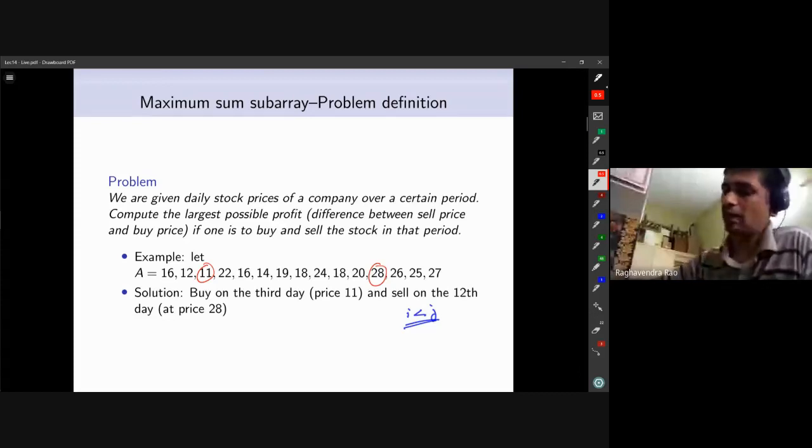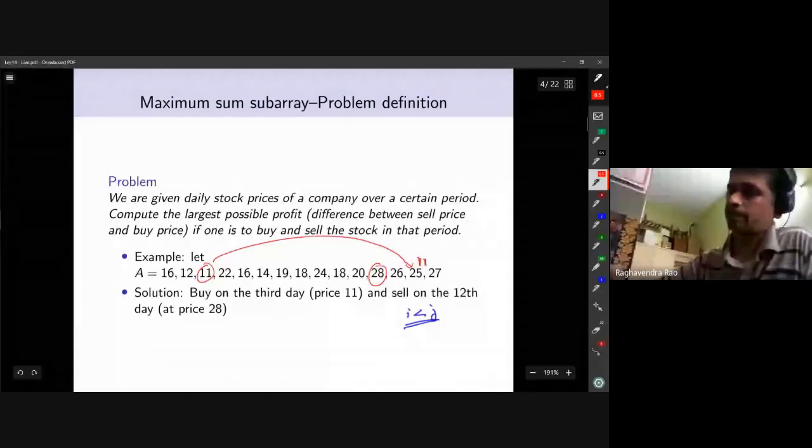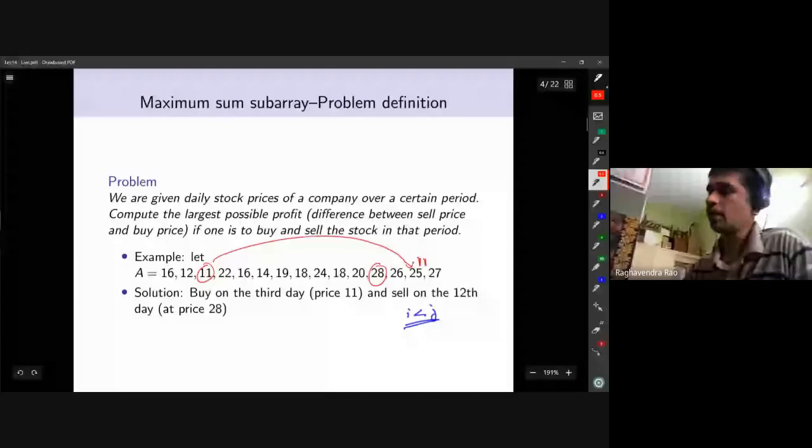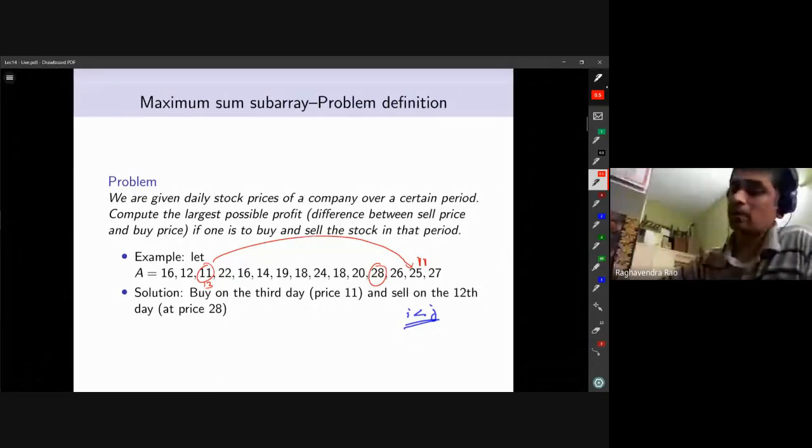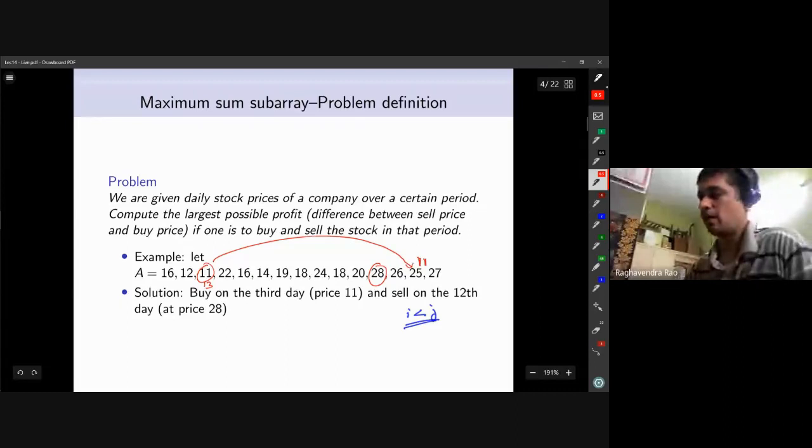The minimum could as well have been 11, let's say, and here it was, let's say, 13. Then our solution would have been 12 and 28 instead of 11 and 28, that is, buy on day 2 and sell on day 15.